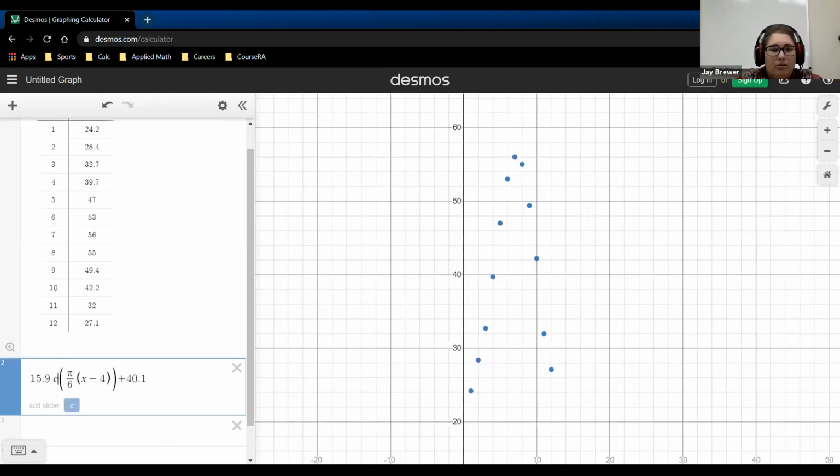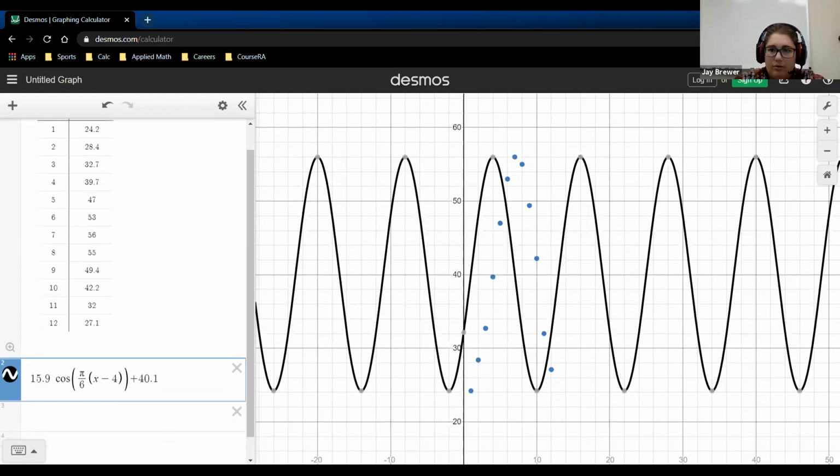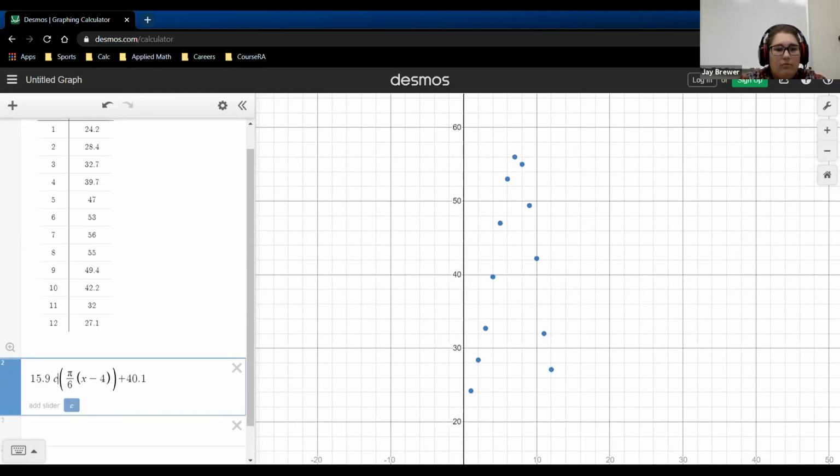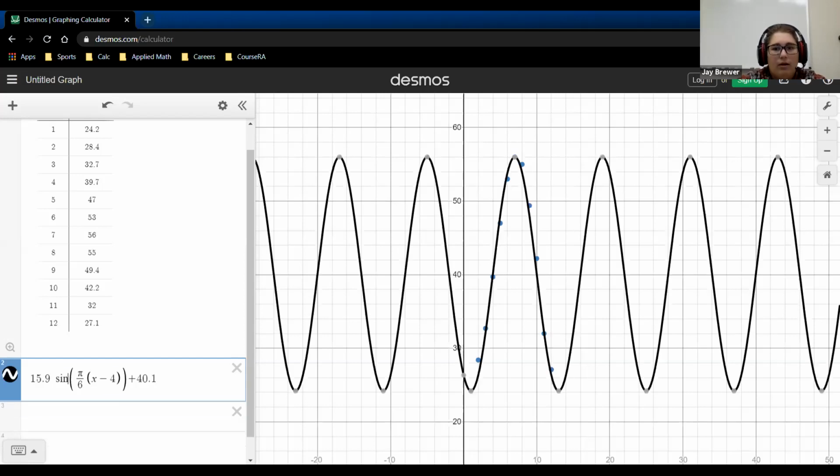So I'm going to go with cosine. And that's what it looks like. So then I sat there and I kept playing with it and playing with it. And no matter what I did, it did not line up. So when I finally got frustrated enough, I went with the same thing as the textbook. And of course it worked. But I just wanted to show you guys that because I think it's super, super cool.